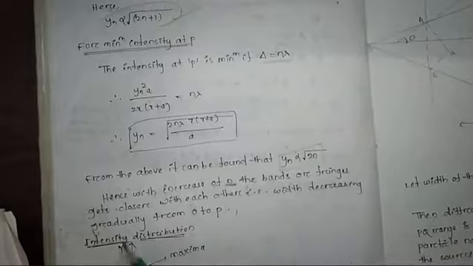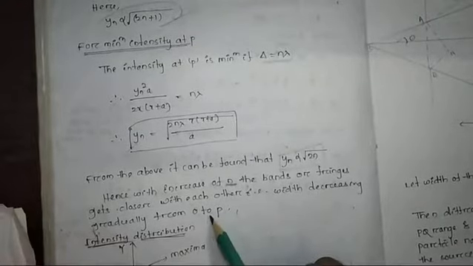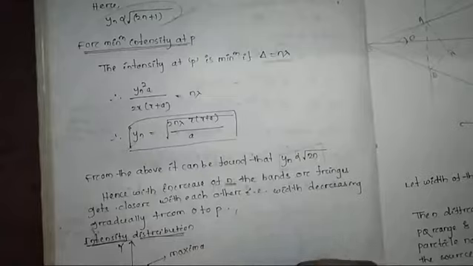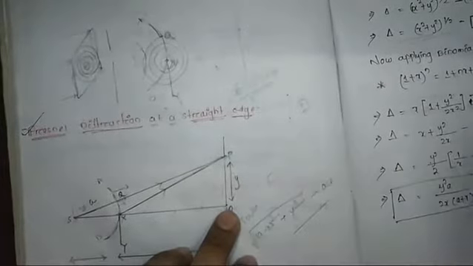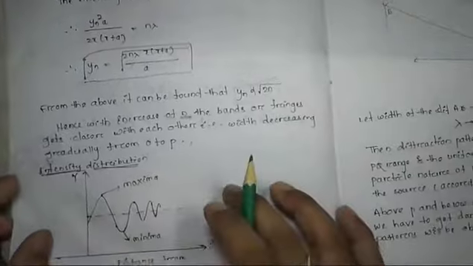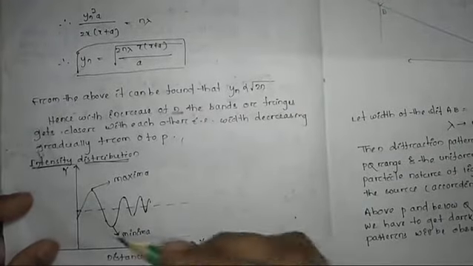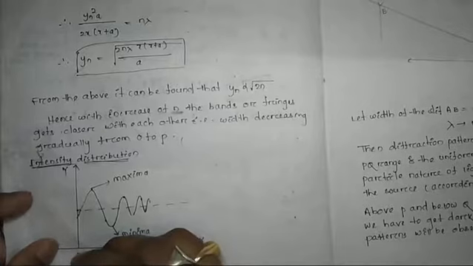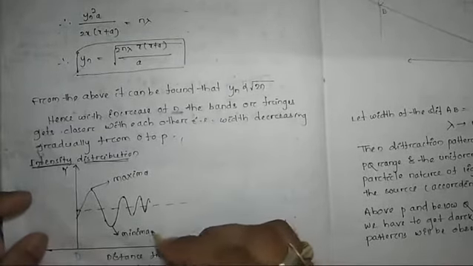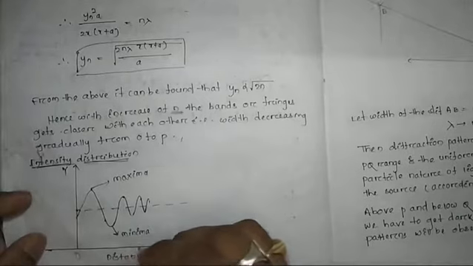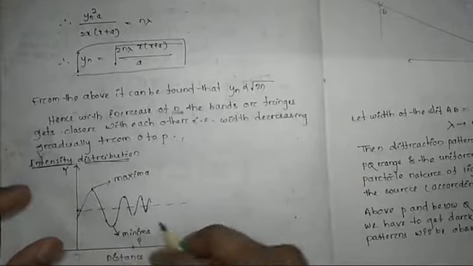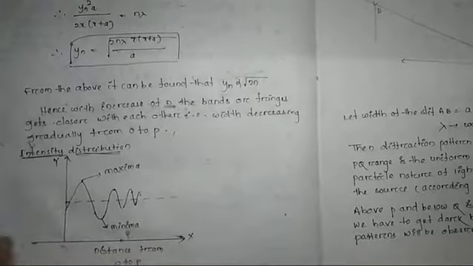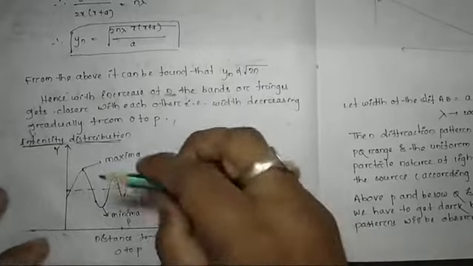That implies the width decreases gradually from O to P. If we move from O to P, the intensity will be like this. This intensity distribution is for distance from O to P. Suppose P is here, then the distribution of intensity will be like this.